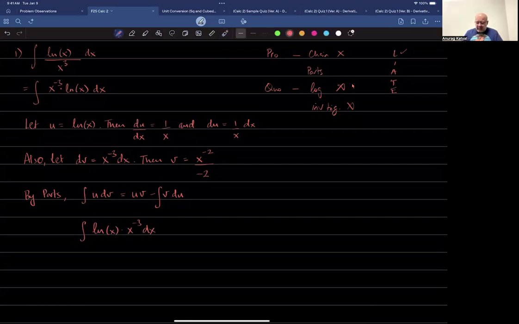Equals u times v. Well, u is ln x, times v, which is x to the -2 over -2. Minus, because that's what parts tells me, the integral of v, which is x to the -2 over -2, du. du is 1 over x dx.